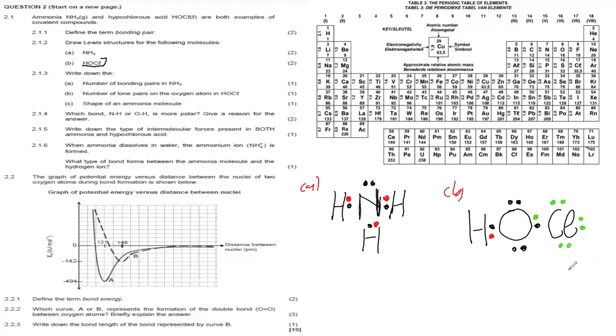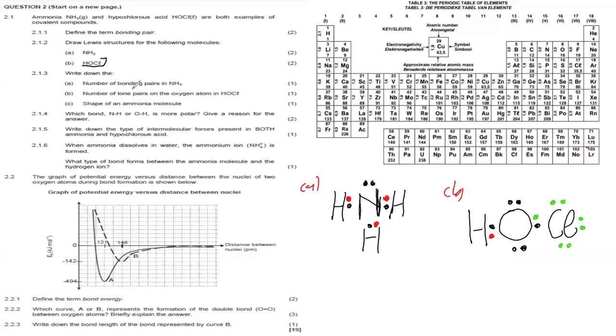It's just a matter of me showing you that the chlorine came with its 7 electrons, the oxygen with 6, and the hydrogen with only 1. So the bonding pairs are here. On the central atom, there are 2 bonding pairs, and then there are 2 lone pairs, right? So, okay, now let's move.